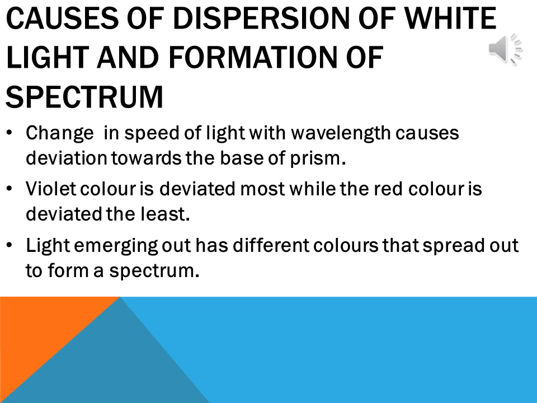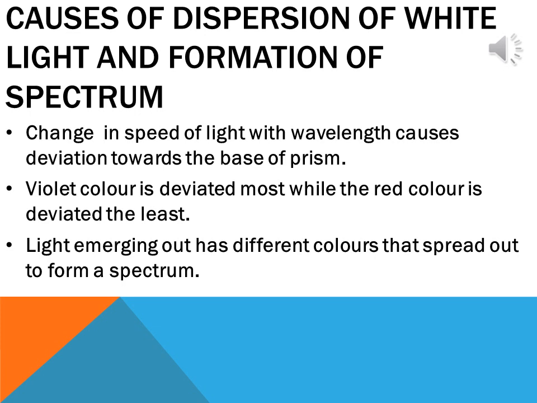Therefore, light of different colors present in white light follows different paths inside the glass prism and then strikes the second surface of the prism. On the second surface of the prism, only refraction takes place.